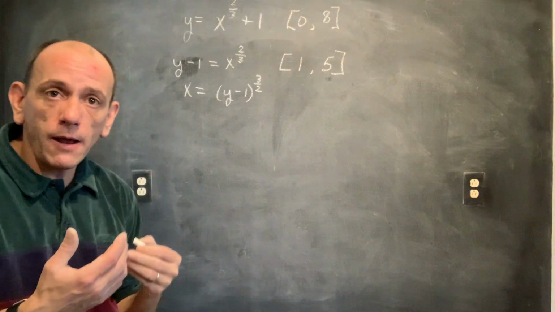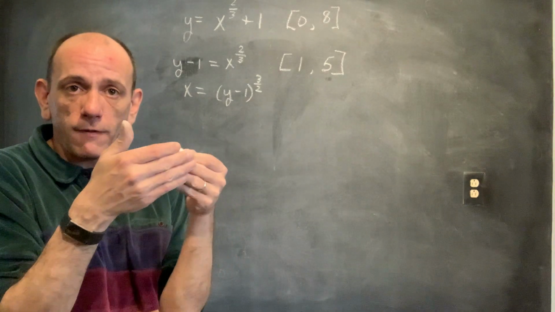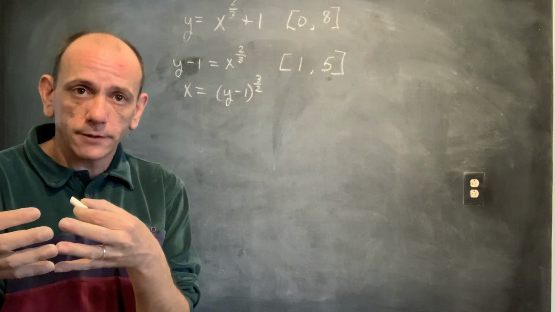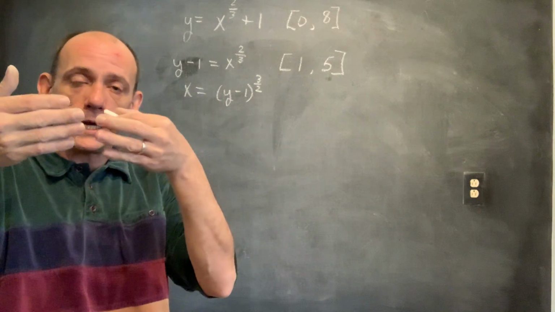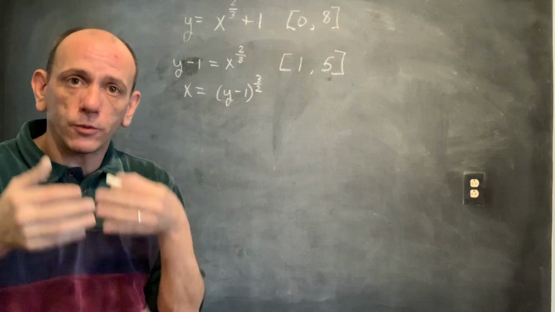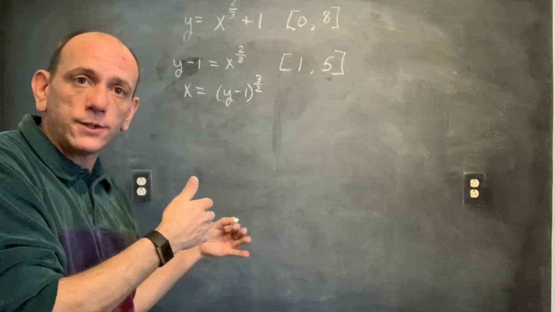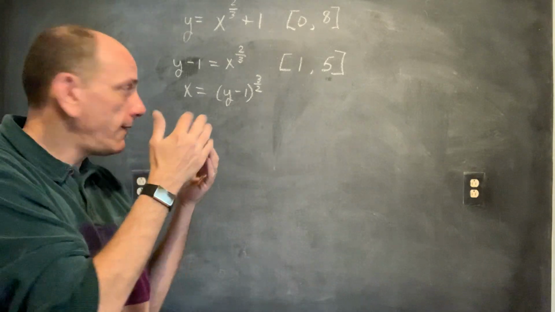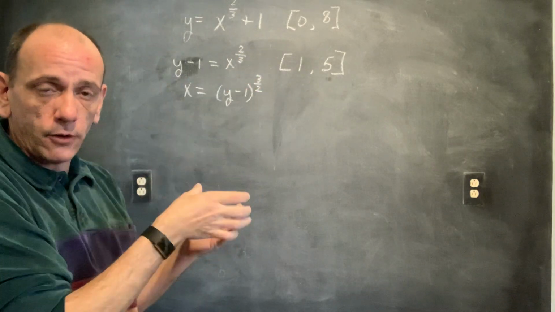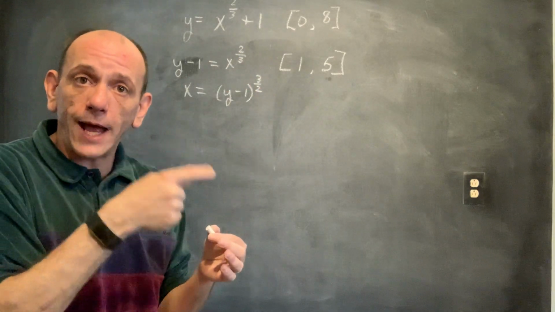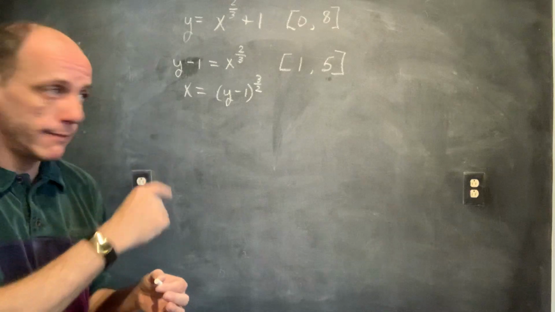Before, we had y as a function of x and our x bounds, and then we needed to take the derivative of y with respect to x. Well, this time we've switched it. We now have x as a function of y bounds. So we need to take the derivative of x with respect to y.